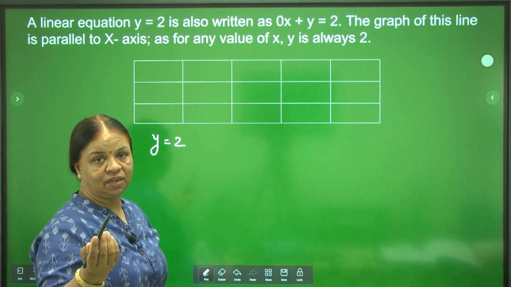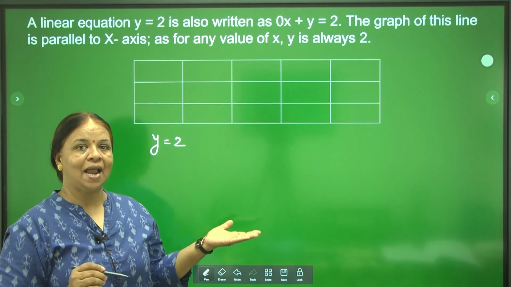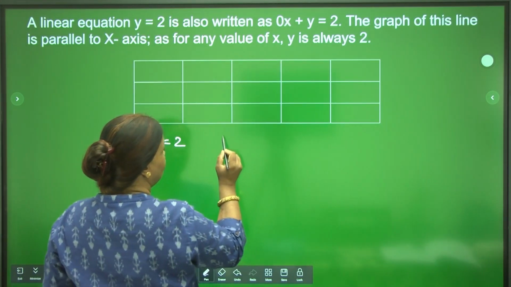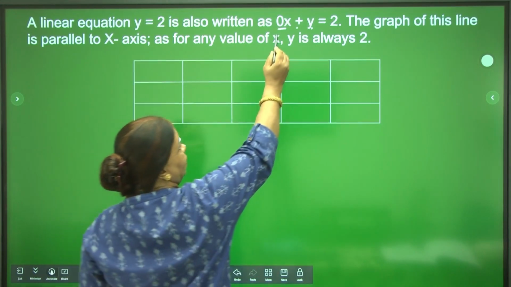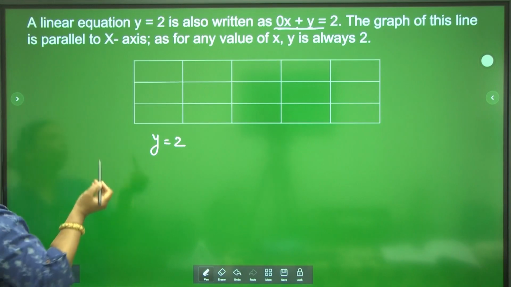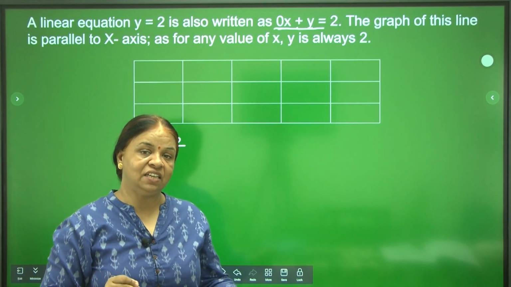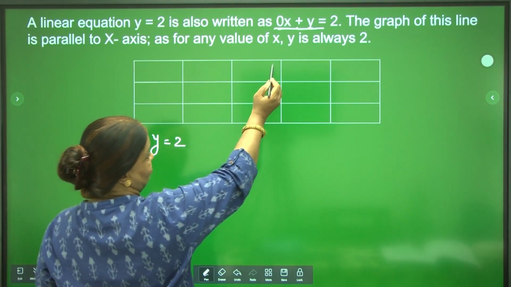So there will be two variables, but here only one variable is mentioned, but we can still add another variable, that is 0 into x plus y is equal to 2, and the graph of this line will always be parallel to an axis. We will draw it and see how it comes parallel to the axis by placing values of x.